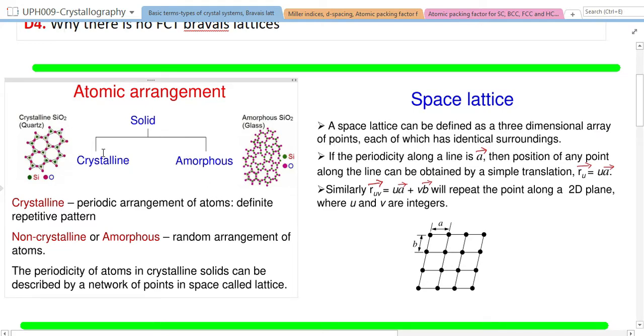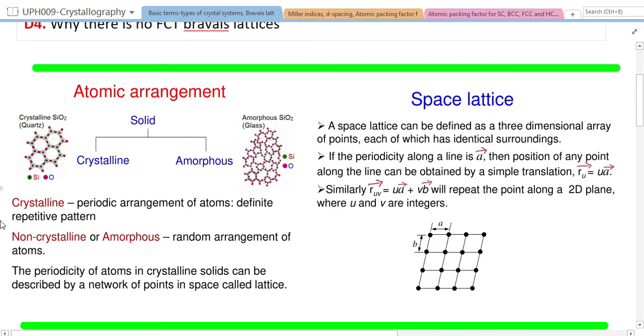In a crystalline solid, the atoms or the building blocks or the molecules of which the material is made up, structurally the units of the material, are arranged in a periodic fashion.